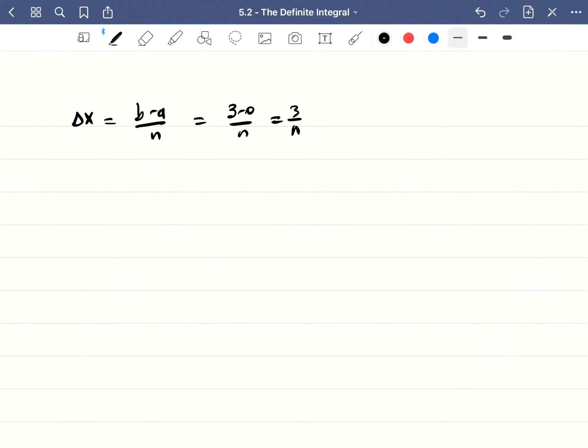So 0 and then 3. The very first point is x0, the next one is x1, then x2, x3, and so on, up to xn minus 1, and the last one is xn.